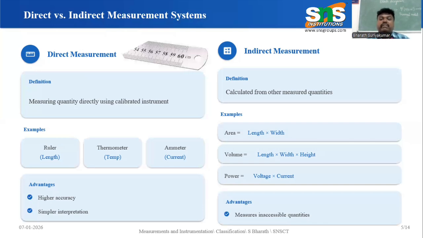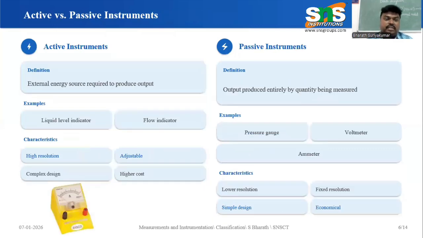For example, we measure length by taking a ruler or a scale, but we calculate the area by multiplying the length by the width. We calculate the volume as length multiplied by width multiplied by height. We calculate power by multiplying voltage and current, which measures inaccessible quantities.